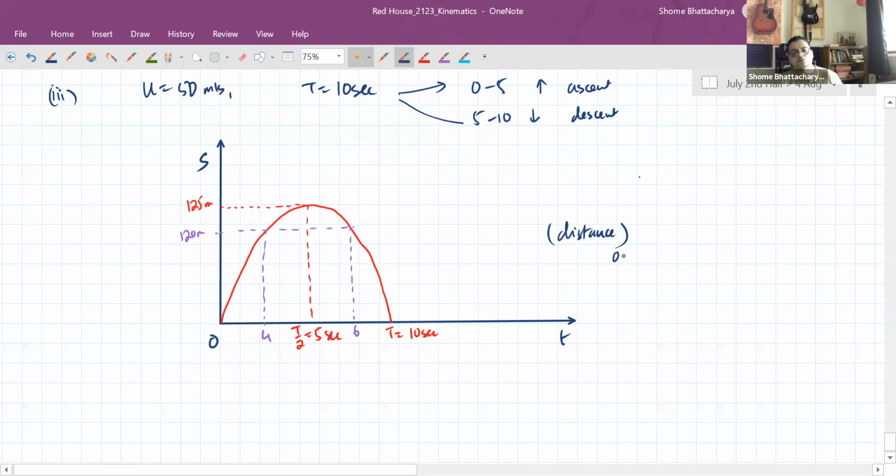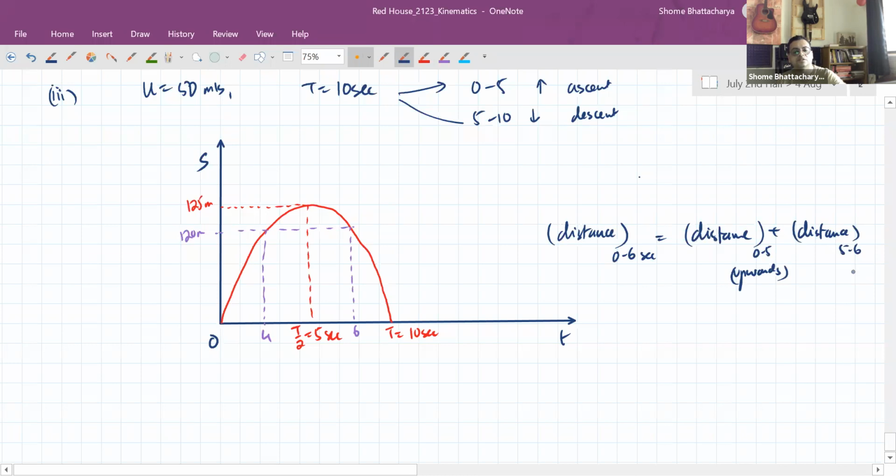So now we can see from this that for the distance traveled from 0 to 6 seconds, we have to calculate the distance it traveled upwards from 0 to 5. Distance does not depend on direction, but just to understand, it further traveled a certain distance downwards from 5 to 6 seconds.